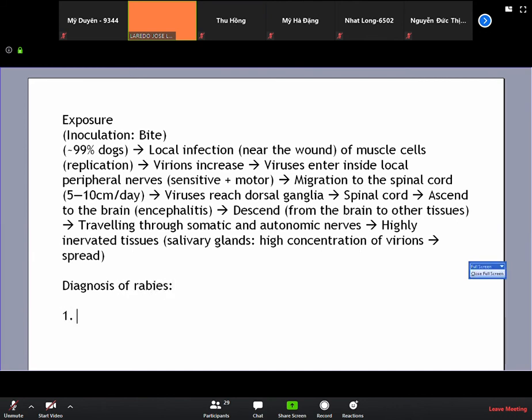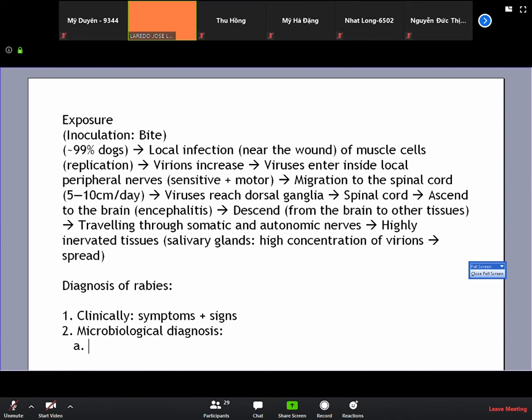The diagnosis of rabies is made clinically. Symptoms and signs, mostly hydrophobia. The microbiological diagnosis is also possible, but maybe not very helpful because patients die. So what can we do at the laboratory of microbiology?